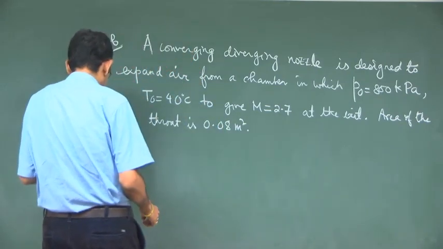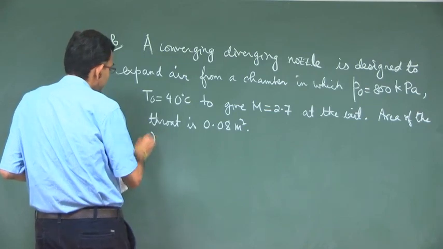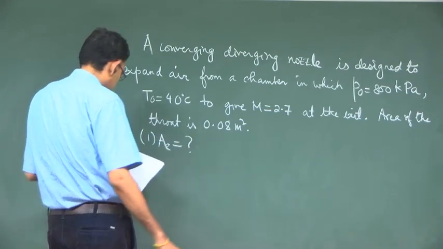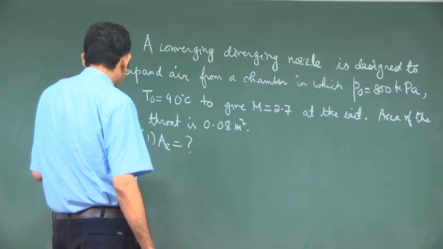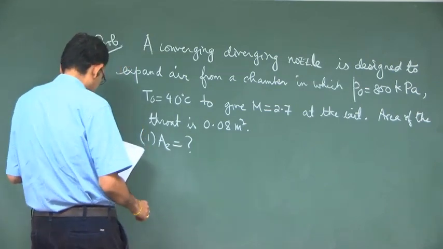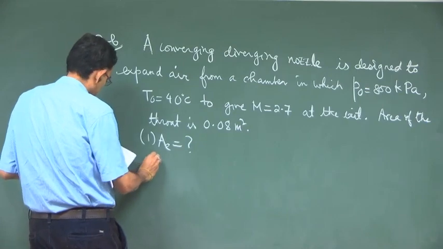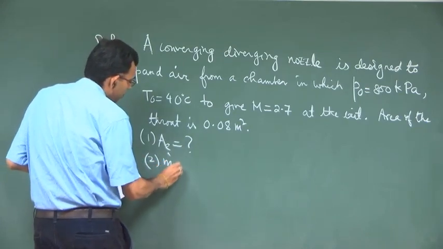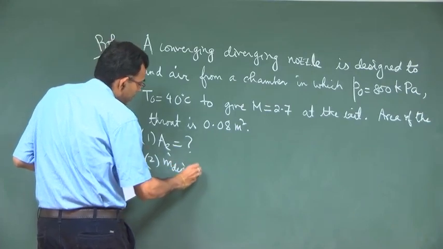So, the questions are as follows. Number 1, what is the area at the exit? Number 2, what is the design mass flow rate, that means the maximum mass flow rate that you get?